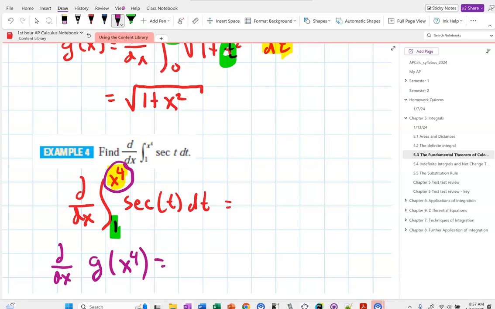What rule did we have to use? Chain rule, right? When I have a function inside of another function. You guys see how this integral where I have a function x to the fourth in there is like a chain rule? So I'm going to have the derivative of the outside times the derivative of the inside.